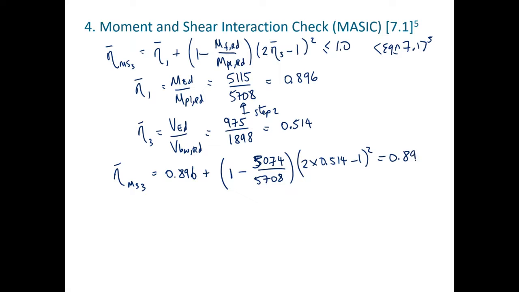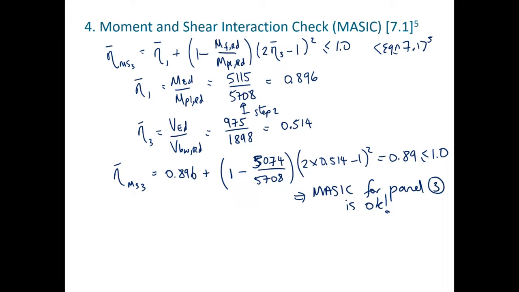And that's 0.89, which is less than or equal to 1. So it's less than or equal to 1, so that implies moment and shear interaction check for panel 3 is okay.